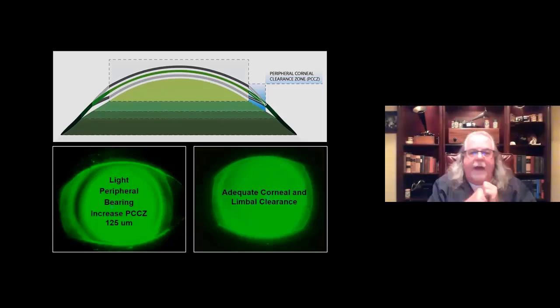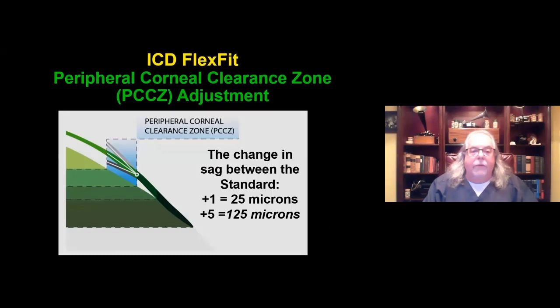Now, why 5 steps? Well, 5 steps is going to give us 125 microns of additional peripheral corneal clearance. We have found in our experience that to really create a clinically significant change in that clearance, we need that 125 microns. Now, the way the numbers work is that each step is an increase of 25 microns.